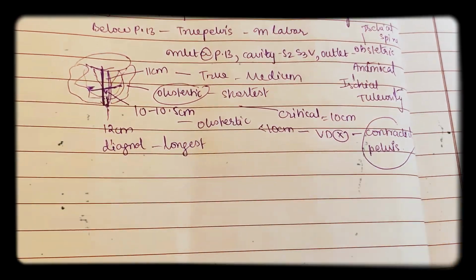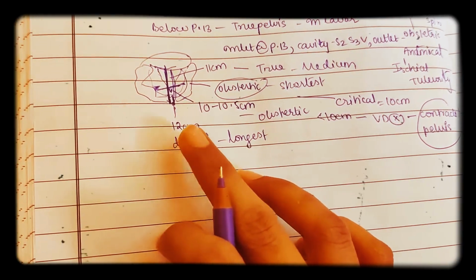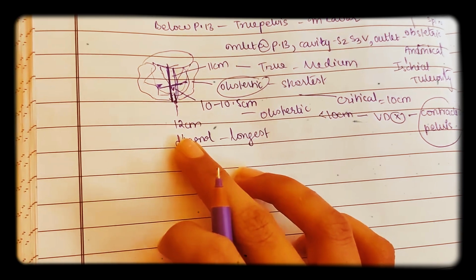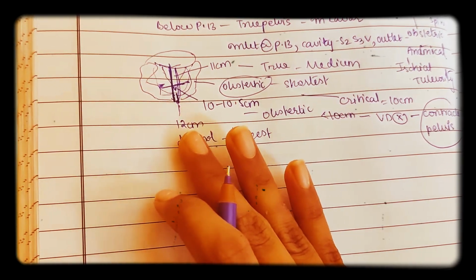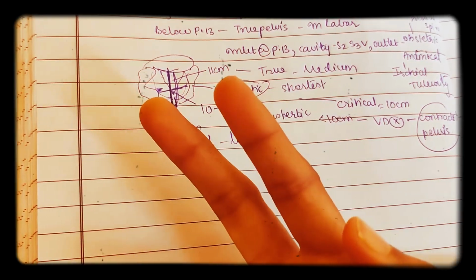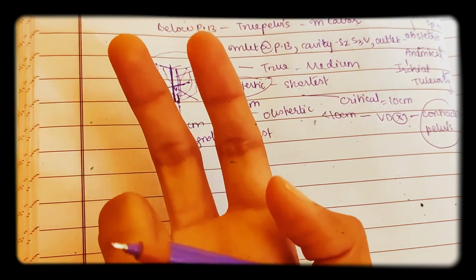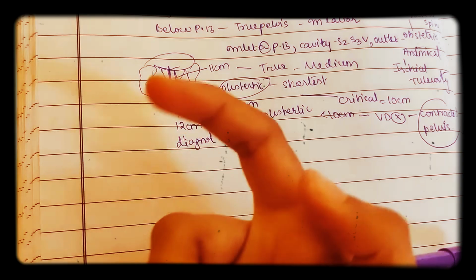This is very important. Now coming to the longest AP diameter, that is the diagonal conjugate. If the diagonal conjugate is normal, 12 centimeters, that is ideal, then the sacral promontory cannot be palpated by finger. For example, if you put two fingers from the lower side and try to palpate, you can palpate the pubic symphysis at the front, but you can't palpate the sacral promontory.